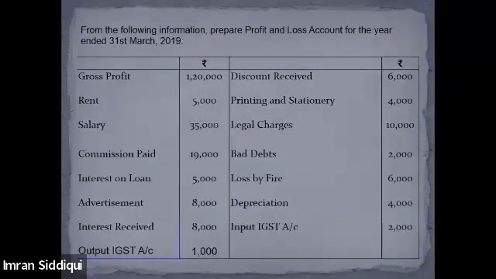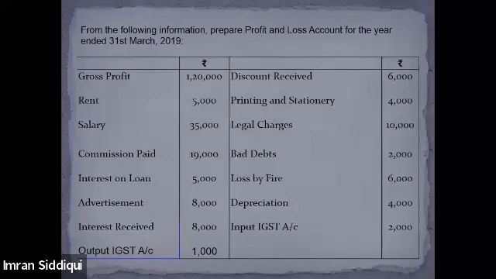Input IGST is the IGST that we had to pay at the time of purchase of goods or raw material, and when we sell goods, at that time we impose IGST, which is called output IGST. But remember this point: our input IGST and output IGST need not be shown in the profit and loss account.